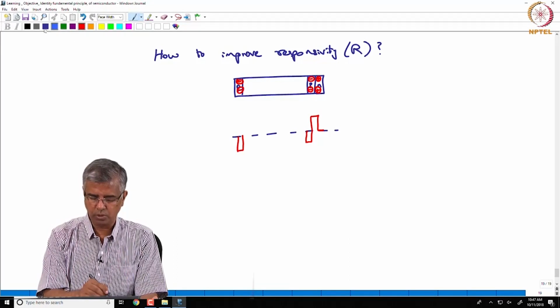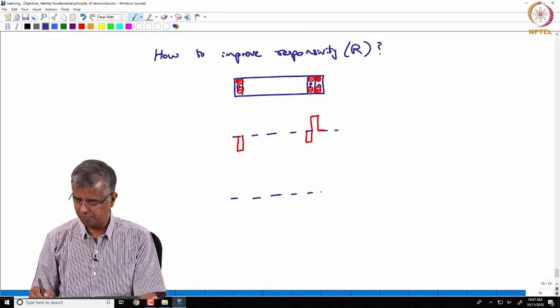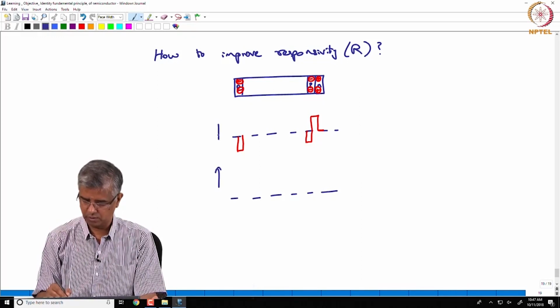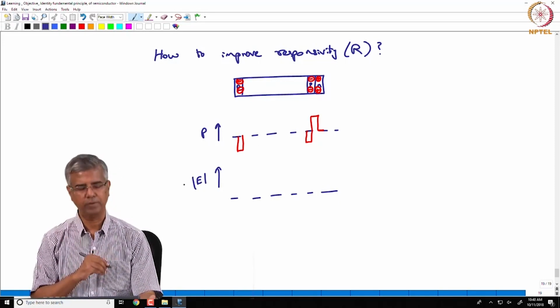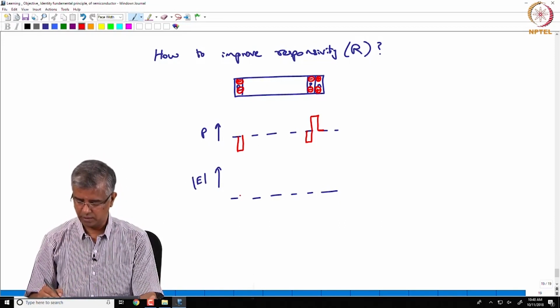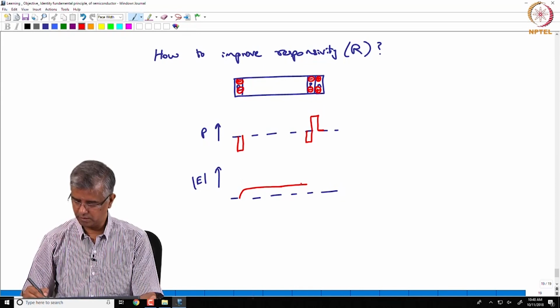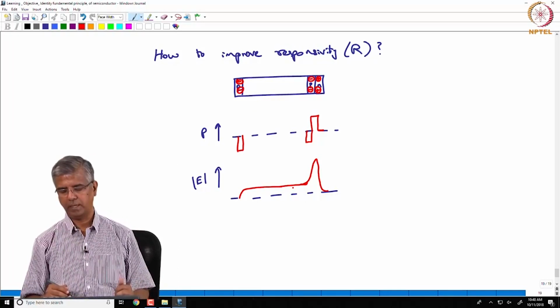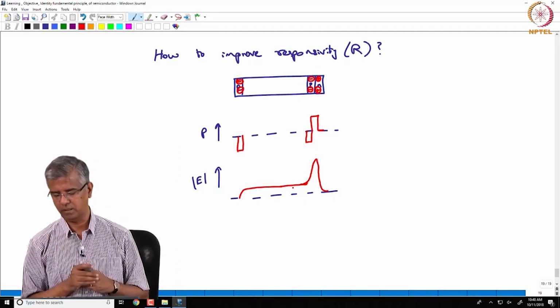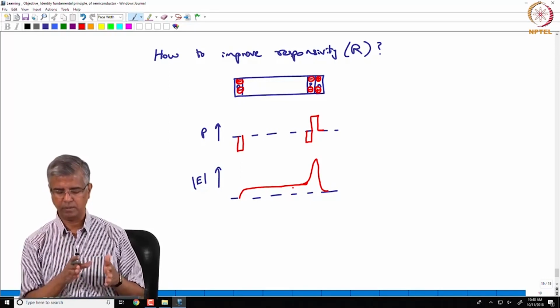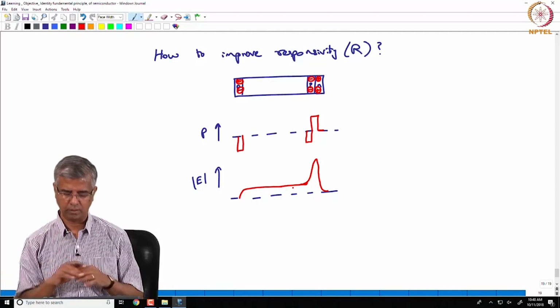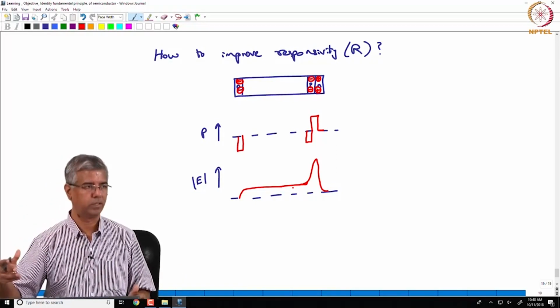So now if you look at the electric field across this structure, this is basically the charge density rho, but if you are looking at the magnitude of the electric field across the structure, that's going to go like this, and in this region it's suddenly going to spike up because you have negative fixed charges there on the P side, and then as you go, the field is constant, and then there are some more negative charges.